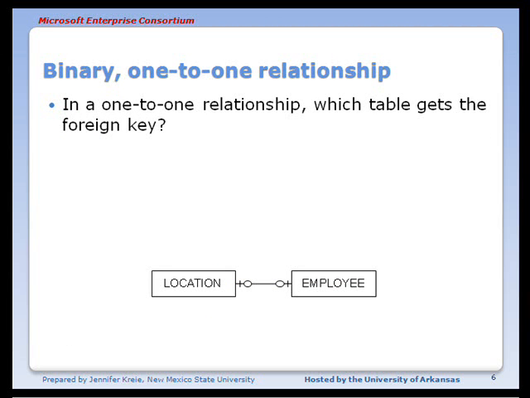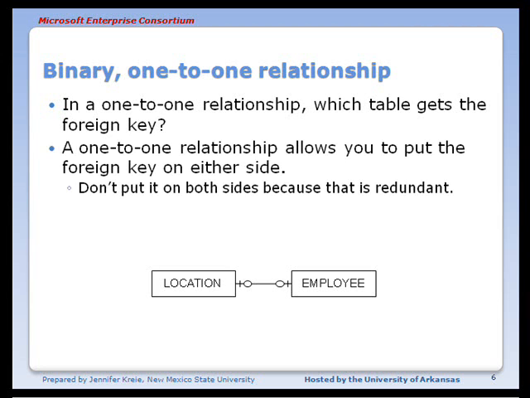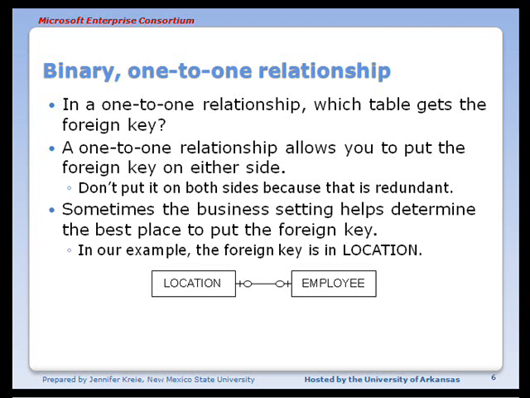How do we implement a relationship for a one-to-one? In a one-to-one relationship, how are we going to decide which entity or which table gets the foreign key? You can actually put the foreign key on either side. Either way technically is correct, but don't put it in both because that would be needlessly redundant. Sometimes the business setting will help you determine the best place to put the foreign key.